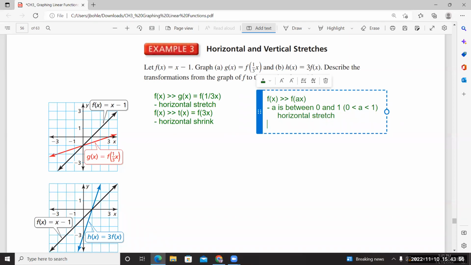Where if a is greater than 1, the inequality would be a is greater than 1, this is going to be a horizontal shrink. And I spelled horizontal wrong.